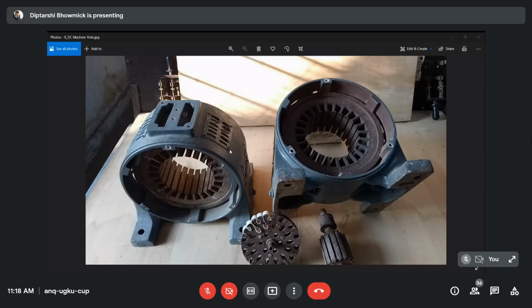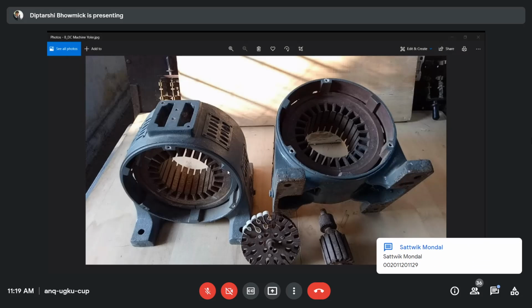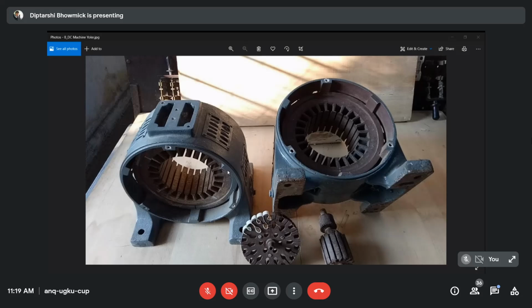And what information does the nameplate contain? It contains the manufacturer's name. It contains the rated voltage of the machine. It contains the rated current of the machine, sometimes the power of the machine, or the speed of the machine, the number of poles, etc. These are the data that a nameplate actually contains.